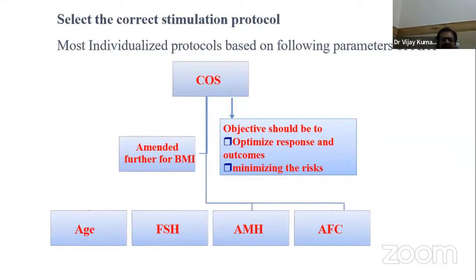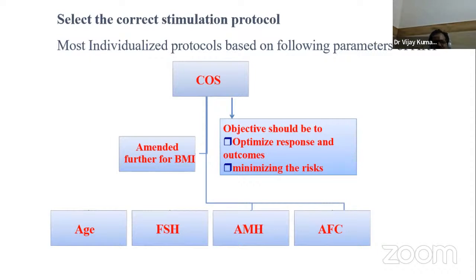So what are the various parameters we look into before we start the controlled ovarian stimulation? It could be the age of the person, and the FSH, LH, and AFC, that is antral follicle count, which indirectly tells about the ovarian reserve.